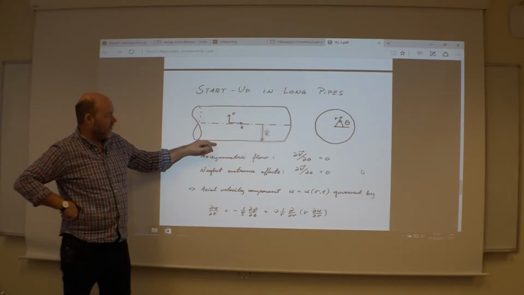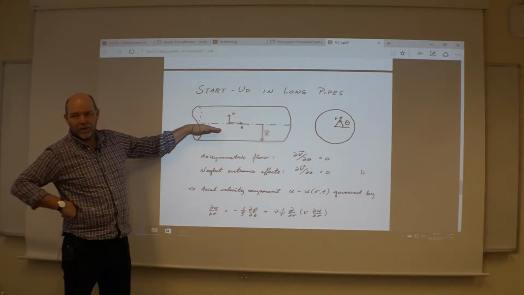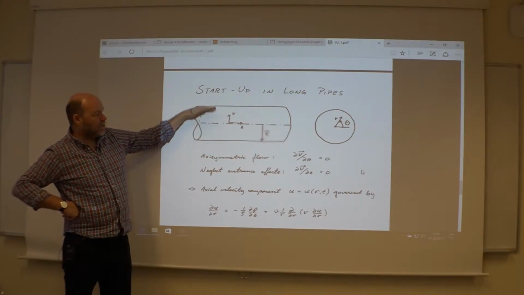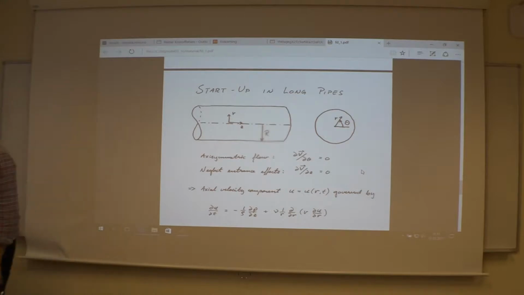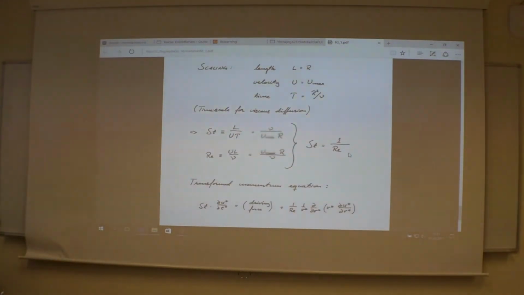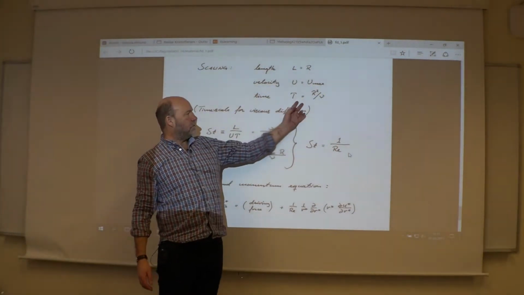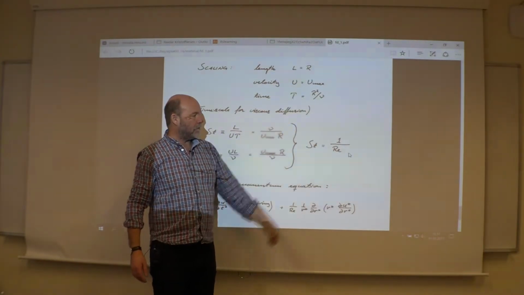So the effect, you might say, from the walls is spreading in the radial direction. And that's a viscous effect. So here the viscous time scale might be a better choice than using U over L, for instance.